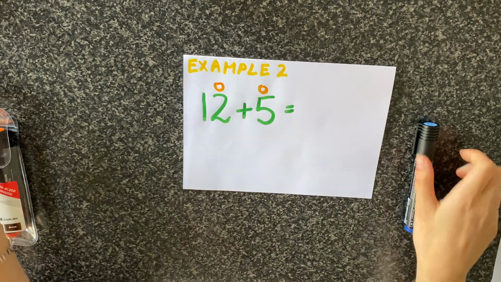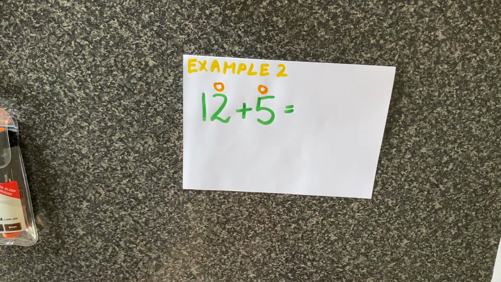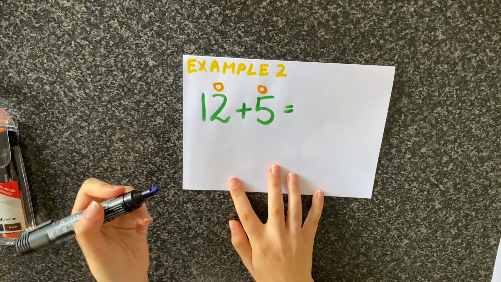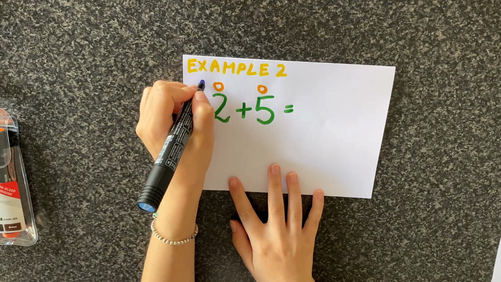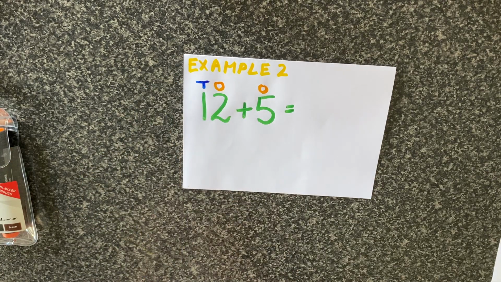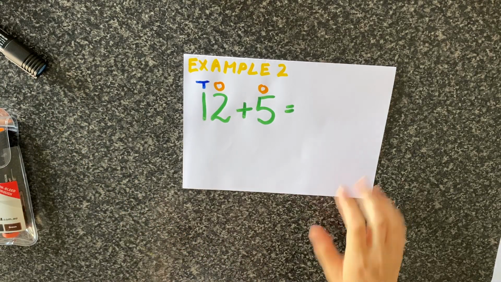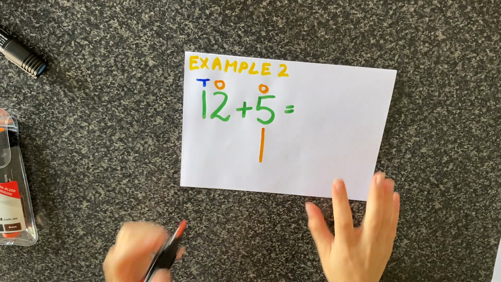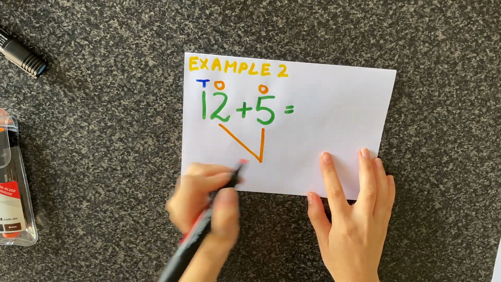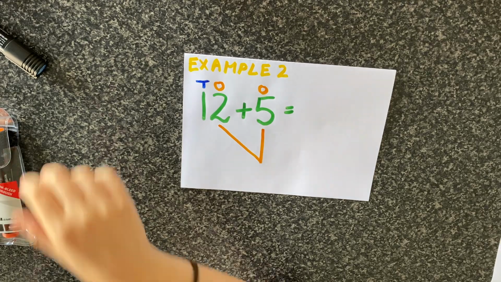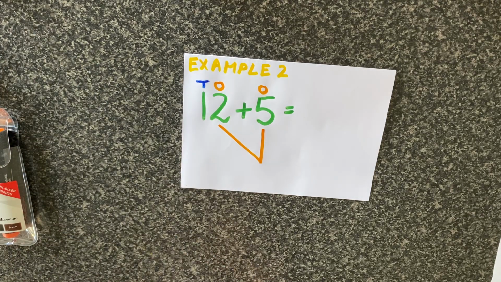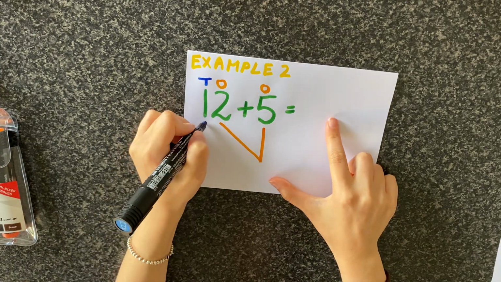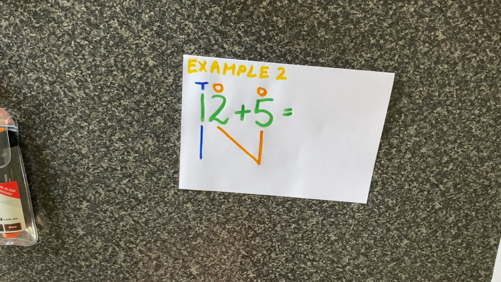I've also got my tens in this number because 12 is a 2-digit number, so I'm going to label that one in a different color. Now I'm going to join up my ones. I'm going to draw a line straight down from my 5 and join it up with my 2. I'm going to draw a line straight down for my tens.